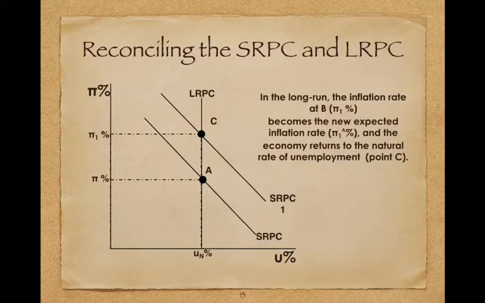Any fluctuations that we have, if we end up going to this point right here, that's only going to be temporary before we ultimately move back to our long run point. We're not going to stay there forever. What we do know is that point A will end up moving up to point B and then ultimately to point C right there. Okay, any change will eventually bring us back to our long run amount.